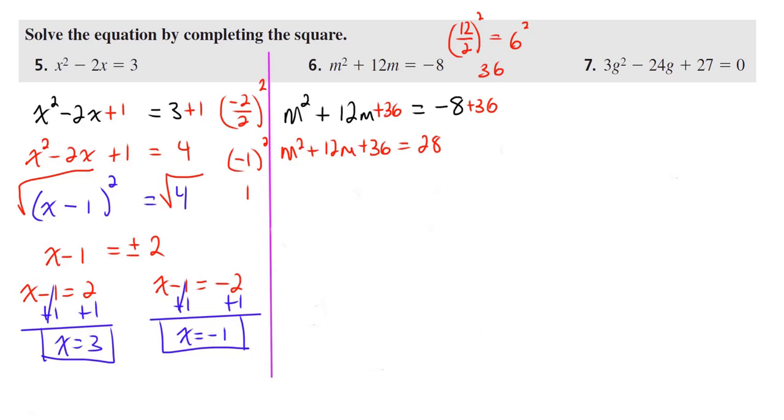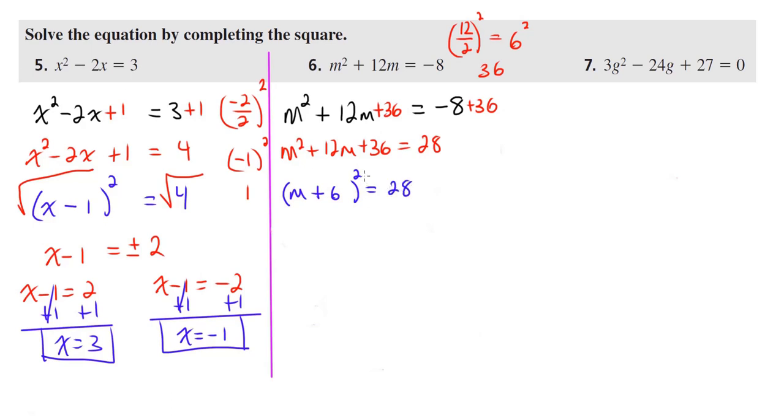And now we can go ahead and factor this left side. Everything is positive, so this is going to be an a plus b squared. m squared comes from m, and 36 comes from 6. So m plus 6 squared equals 28.